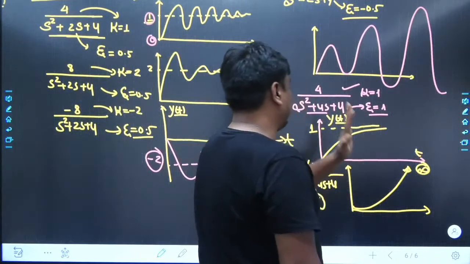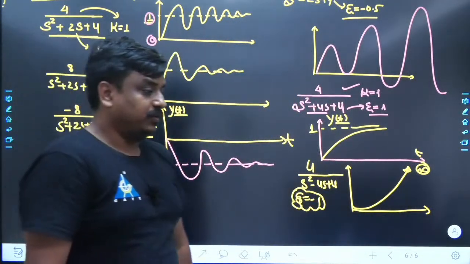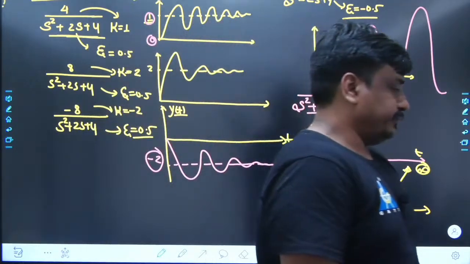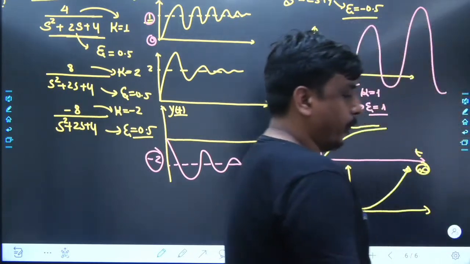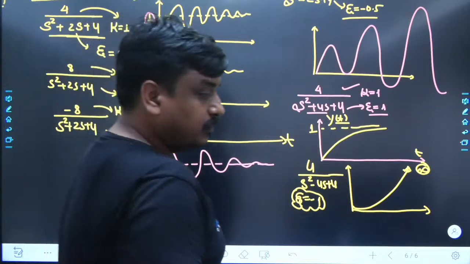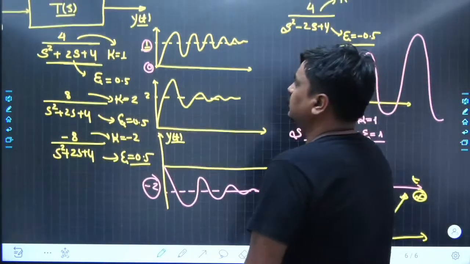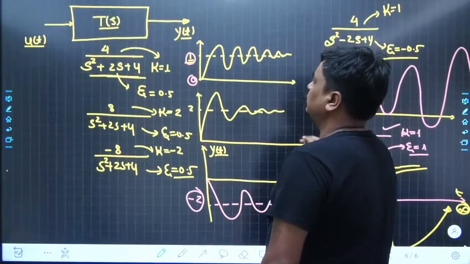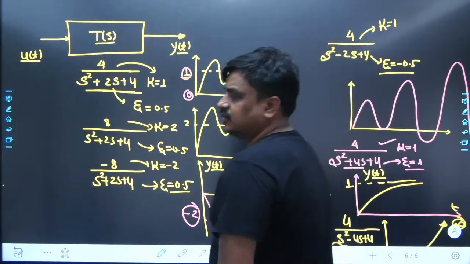Here it was keep raising exponentially and going towards infinity. I think this is more than adequate to briefly understand the response because of the excitation as the input for the different transfer functions.